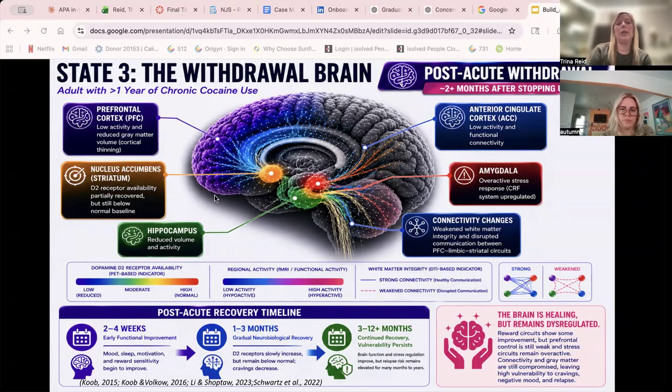While the amygdala remains overactive, maintaining a heightened stress response. Structural changes, including reduced gray matter volume and weakened white matter connectivity, continue to impact communication between brain regions. Physically, individuals may experience low energy, persistent fatigue, sleep disturbances, headaches, and ongoing appetite changes, along with periods of restlessness or tension. Although some mood and cognitive improvements occur over time, the brain is still in a vulnerable state, and relapse risk remains elevated due to lingering neurobiological and physiological dysregulation.